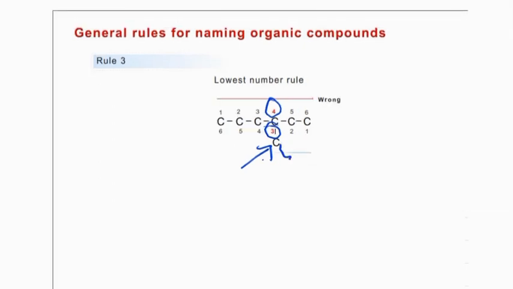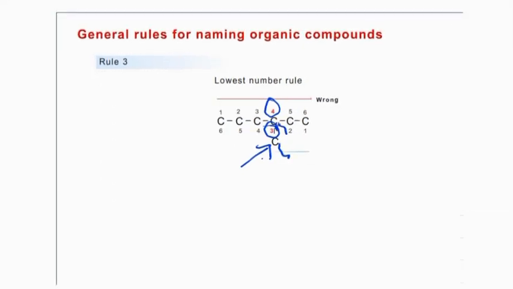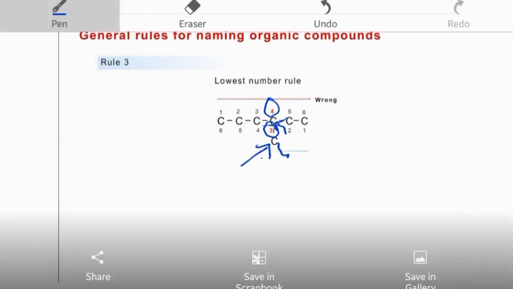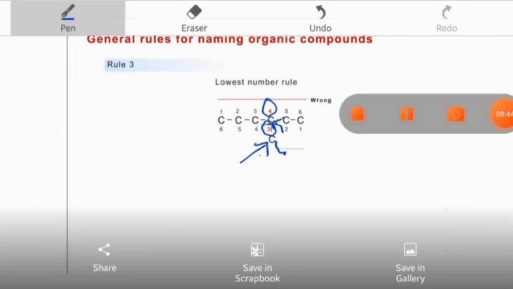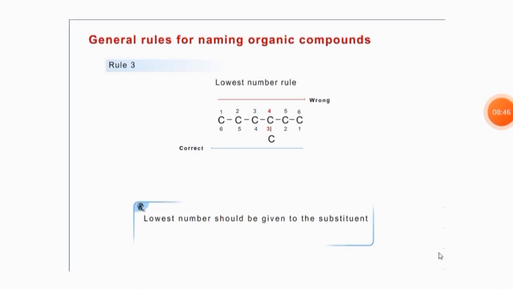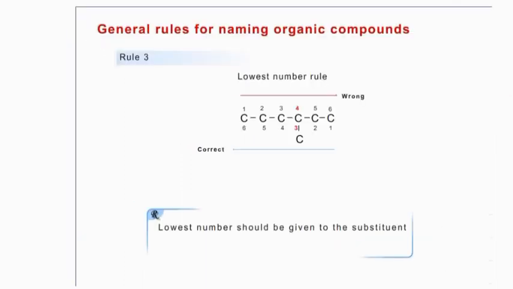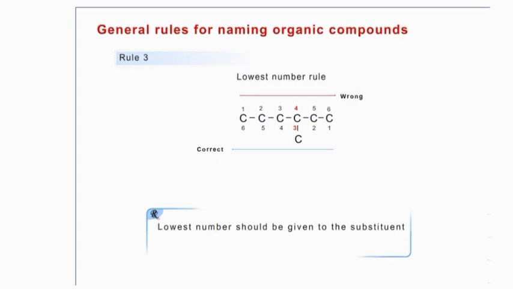So here this carbon atom represents the substituent and it is attached to this carbon atom. Whatever number is assigned to this carbon atom is what we call locant. So here the locant number is 3, not 4. As per this rule, the lowest number should be given to the carbon atom attached to the substituent.